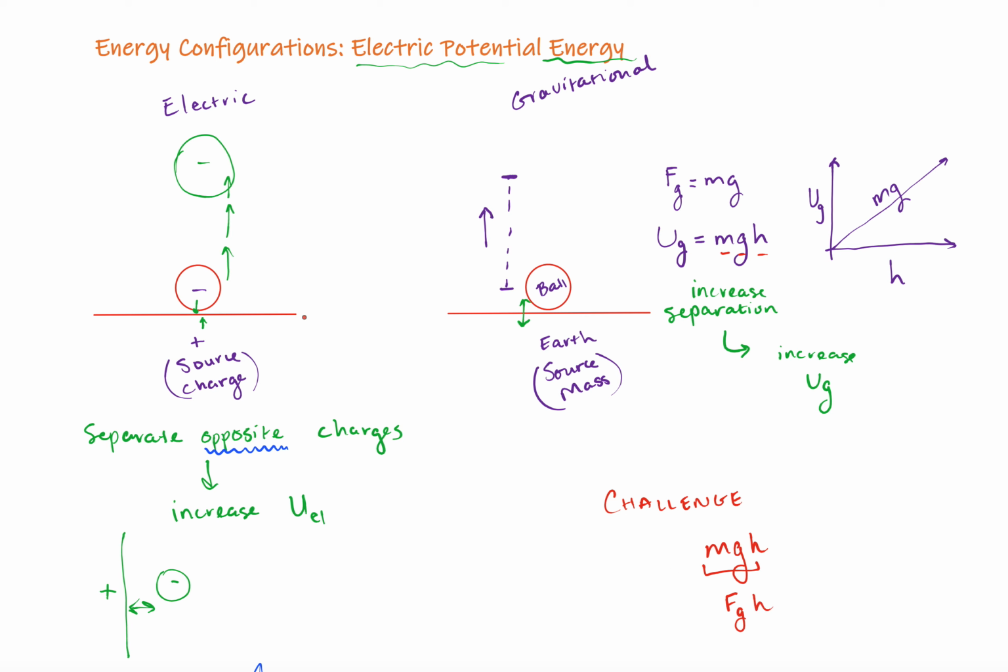How might I write the same concept or an analogous statement for the electrical potential energy of this scenario? How might that line up with this like I have in both cases? Figure that out, and in the next subsequent videos, we'll take a look at comparing and contrasting those two fields.